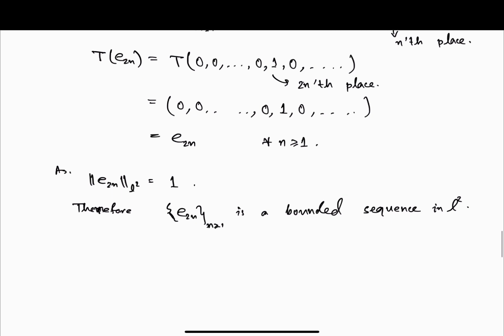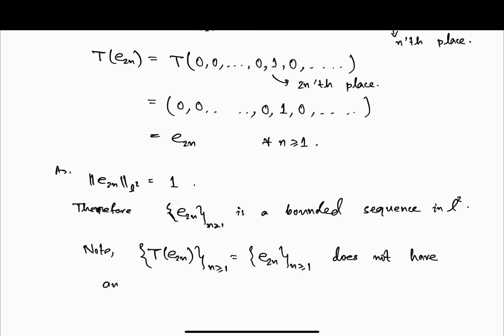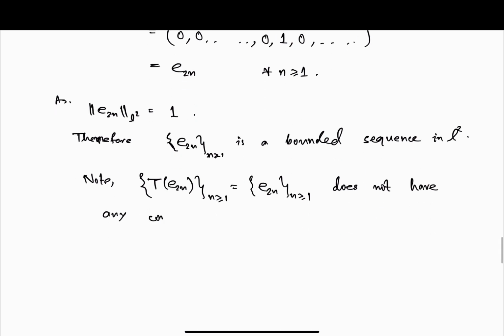Now note that, as earlier, T of E2n for n greater than 2, which is again E2n, does not have any convergent subsequence. Why?